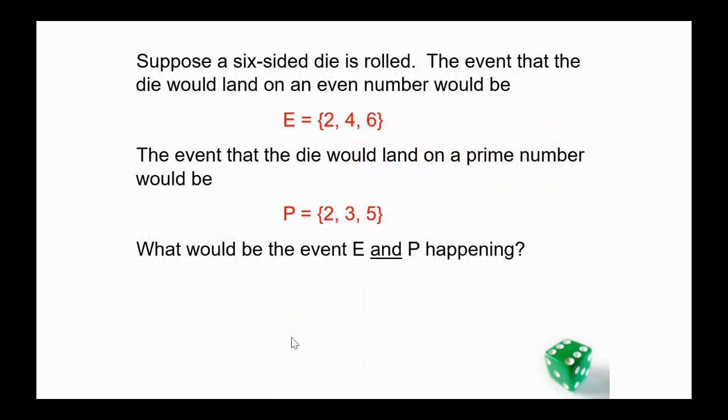So let's go back to our dice example. What would be the event that E and P both happen at the same time? A 2, right? So we could say that E intersect P is equal to the event 2, the simple event 2. Let's use that vocab.